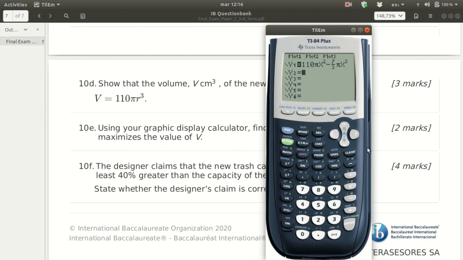All right, let's graph it. So let's try to change our window. Let's make this 0. Next, make this 200.